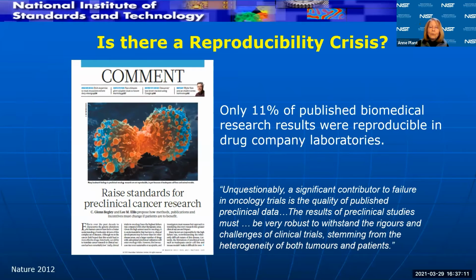And so, this set up a big consternation and got a lot of press in many different formats, and a lot of concern from the federal level about, are we failing? Is our research enterprise failing because of irreproducibility and the publication of irreproducible results?